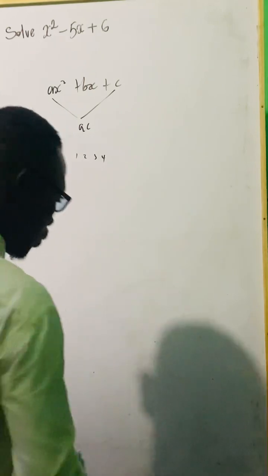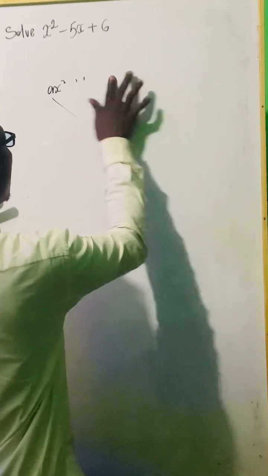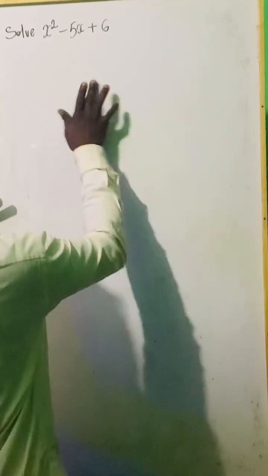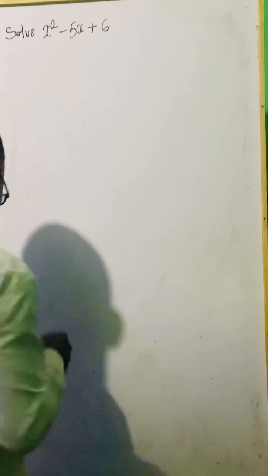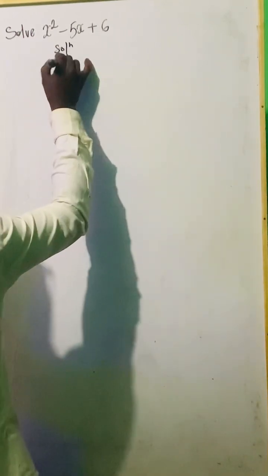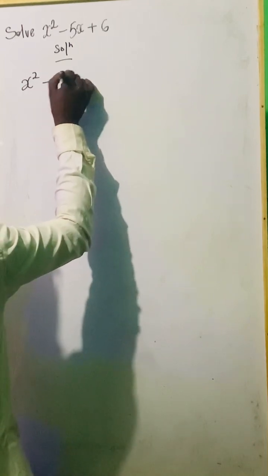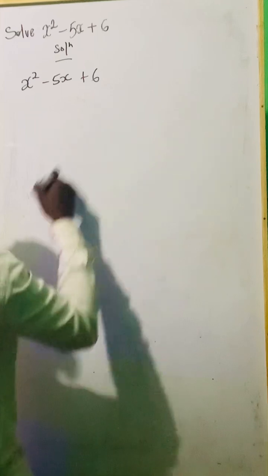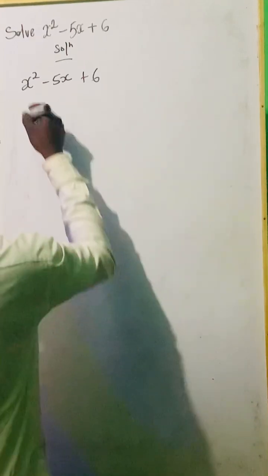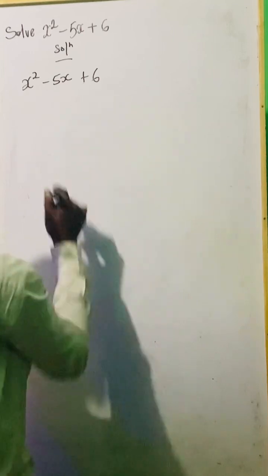All right, so shall we solve that quickly? Let me clean that, then we proceed from there. Let's look at this solution here. We have x squared minus 5x plus 6. Like I said earlier, we have 1 here, so 1 times 6 is going to give us 6.